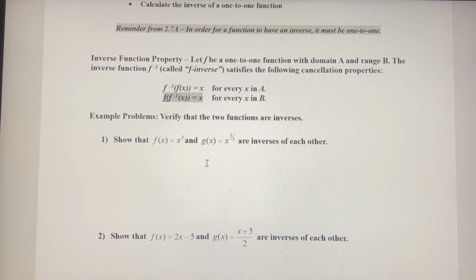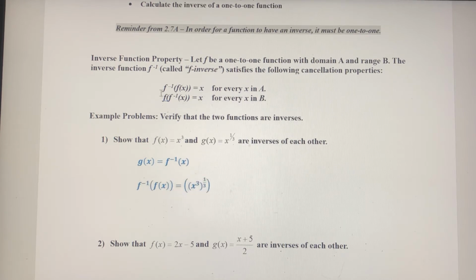The first thing we want to do is assume that g of x is the inverse, so we're going to call g of x f inverse of x. Now we've renamed g of x to f inverse. For the first part of the inverse function property, I've got f inverse of f of x. f inverse is x to the 1/3, and I'm going to substitute x cubed, which is f of x, into this x.